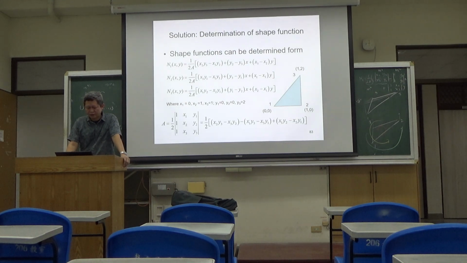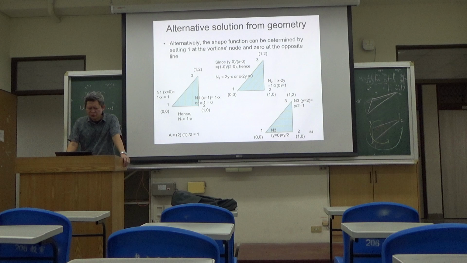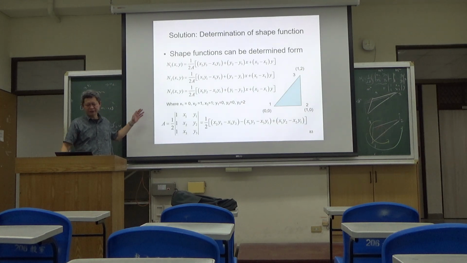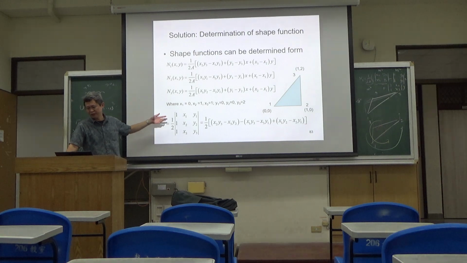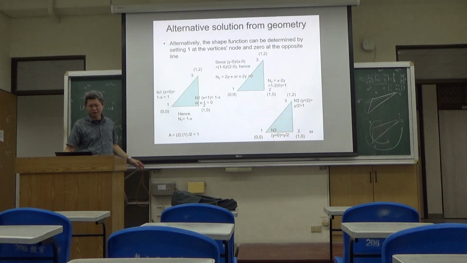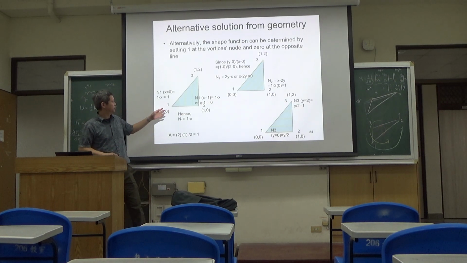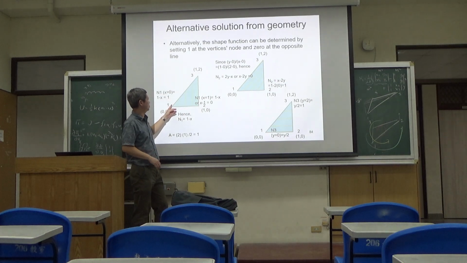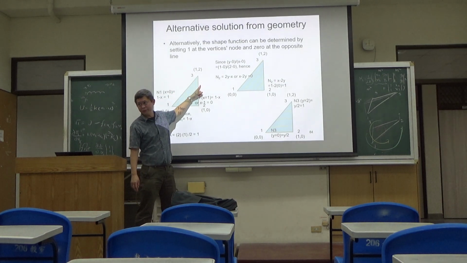As we told you before, you can do step-by-step partial integrations. Alternatively, you memorize the shape function for node 1: the equation for the opposite line.